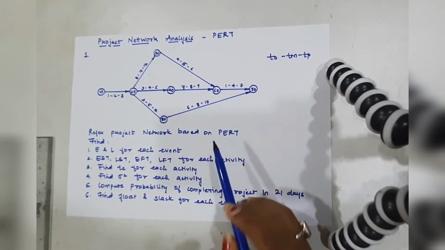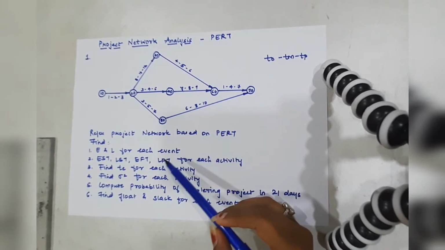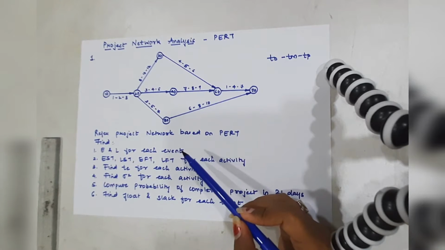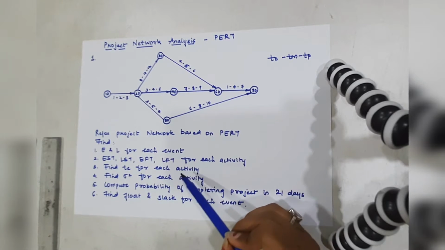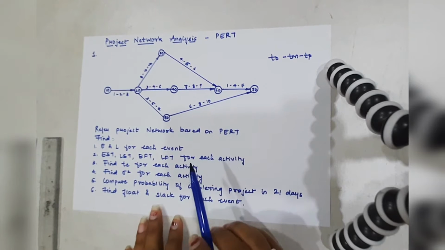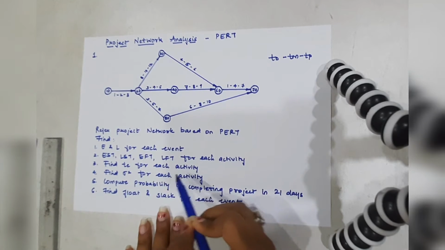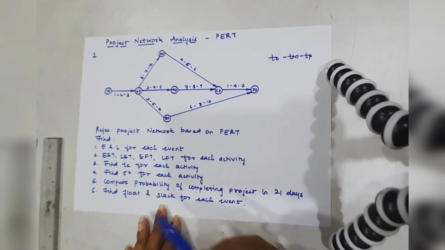We are told to find E and L for each event, EST, LST, EFT and LFT for each activity, then find TE for each activity. Now what is TE?